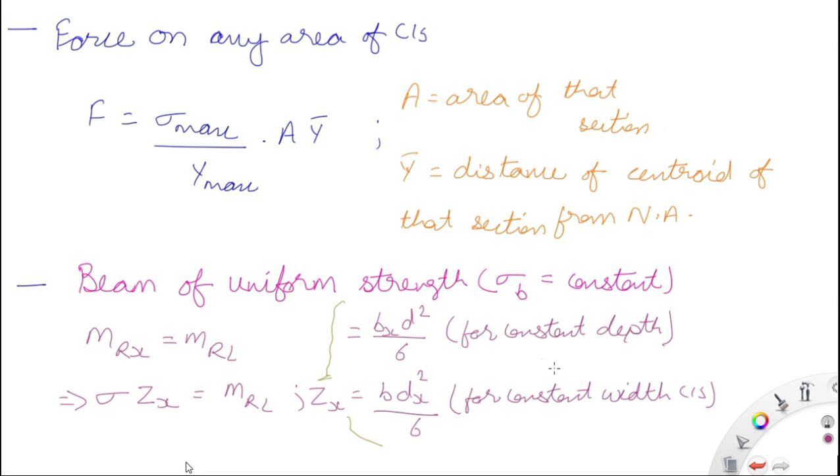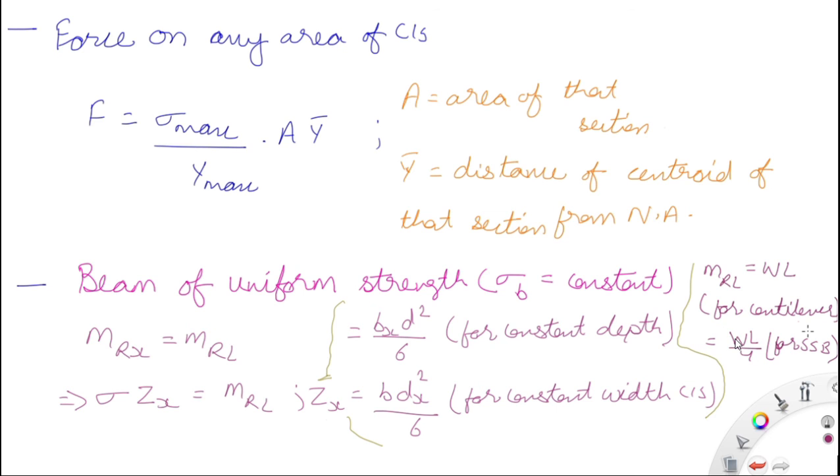And this MRL is the maximum bending moment along the length. So for a cantilever beam it's W into L, means W is the load acting at the free end, and L is the length of the cantilever beam. So WL will be the maximum bending moment at the fixed end. And similarly, for a simply supported beam in which the load is acting at the midpoint, then for this kind of beam the maximum bending moment will be WL by 4.